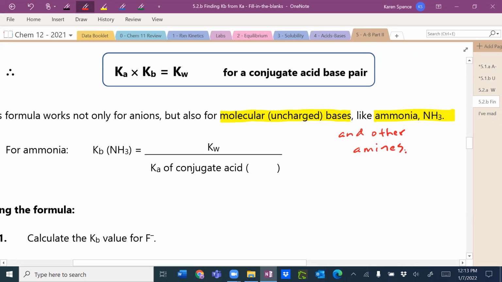So for ammonia, the Kb of NH3 is going to equal our Kw divided by the Ka of the conjugate acid. And what I want to do is put here the formula of the conjugate acid. What is the formula of the conjugate acid of NH3?